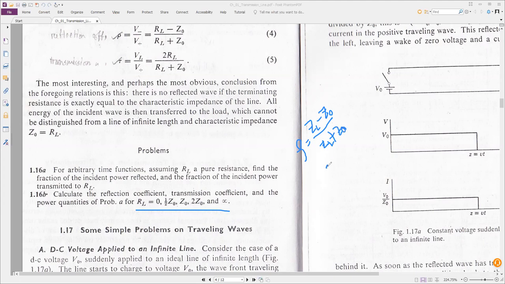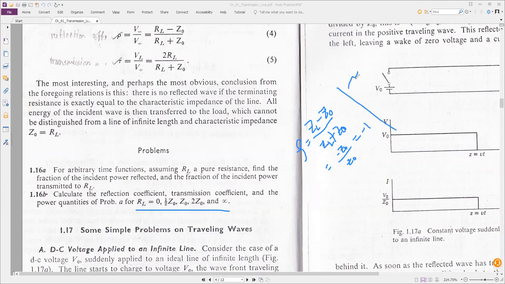In this case, if ZL is 0, then we get minus Z naught divided by Z naught, so the reflection coefficient would be -1. And what would be the transmission coefficient?